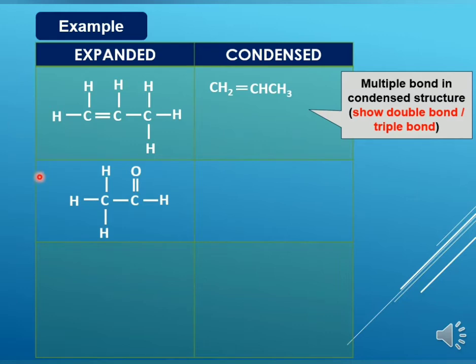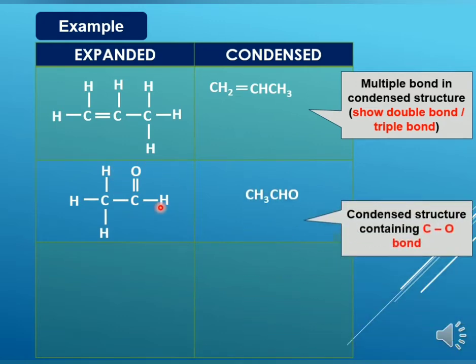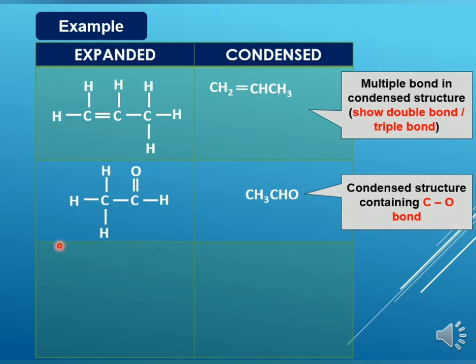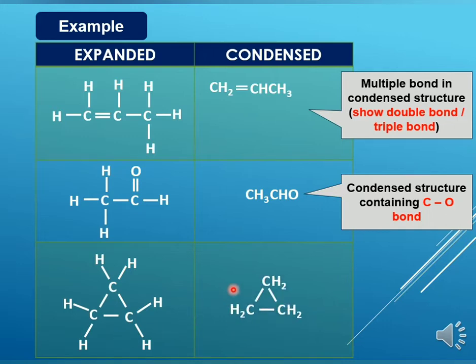And next one we have CH3 and C double bond H, which is a carbonyl functional group. And next, this is a cyclopropane. So the condensed structure can be written as CH2 in the form of a 3 carbon ring.